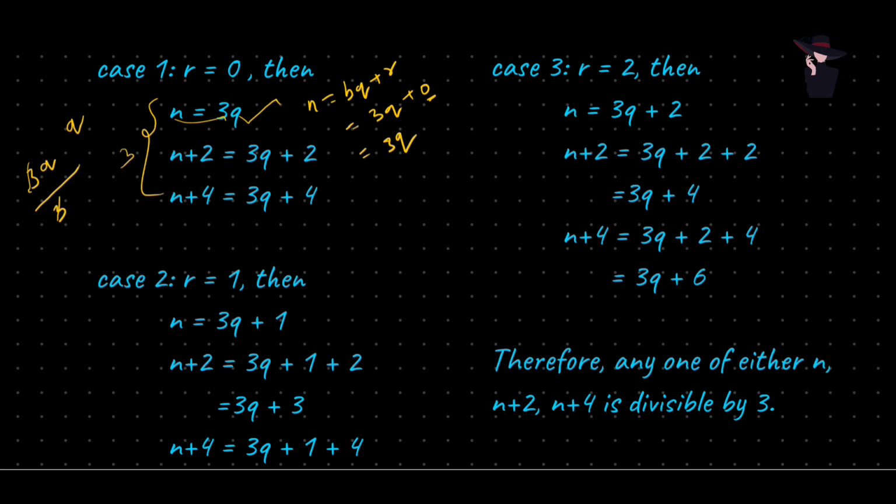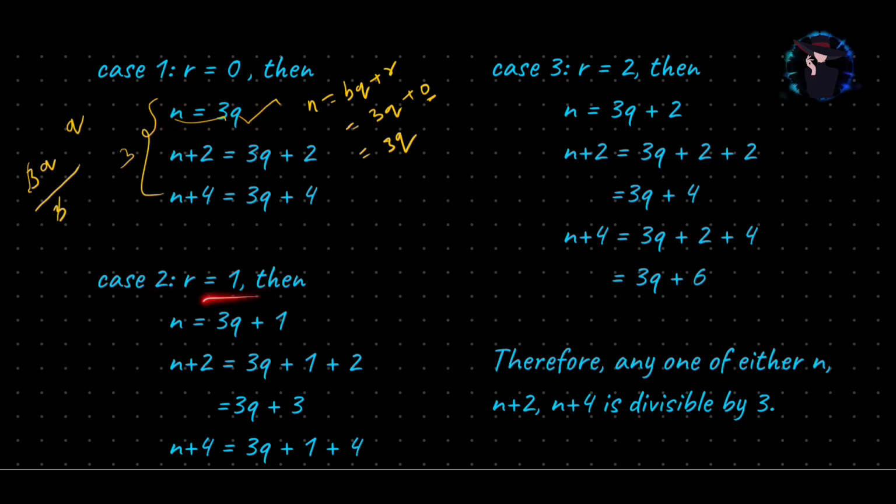Now 3q plus 2 by 3, not divisible by 3. What about 3q plus 4? Again not divisible by 3. So only n equal to 3q is divisible by 3. One satisfied from these 3.